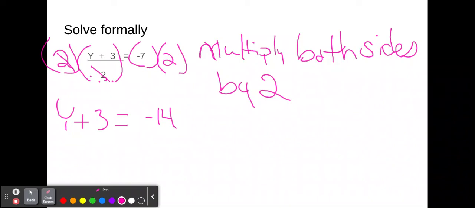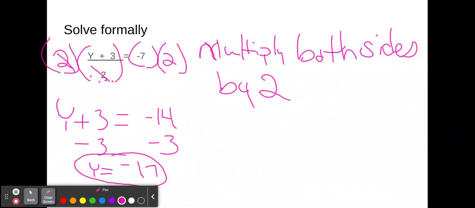So now the inverse of addition is subtraction. So we're going to subtract 3 or add a -3 again. So in this case, our y is a -17. Again, if you're not sure about those things, you can use a calculator to help you figure out how to deal with the negative numbers.